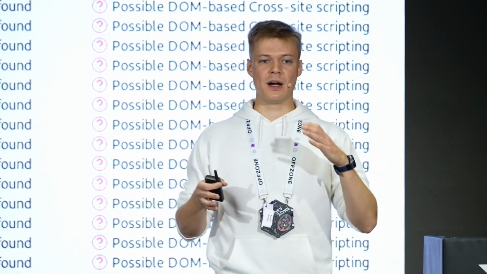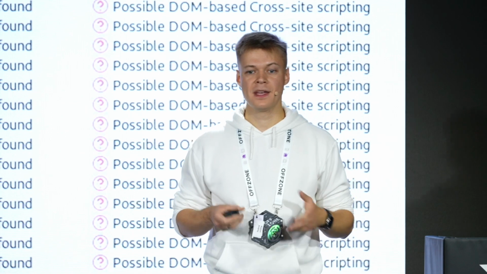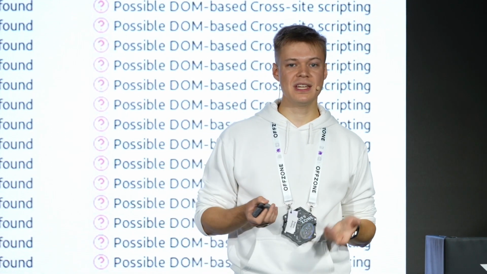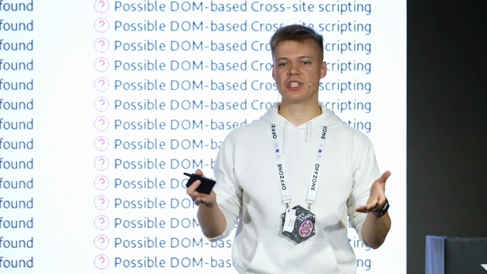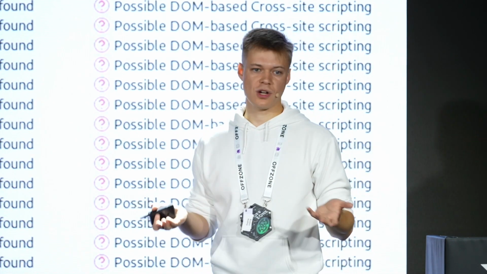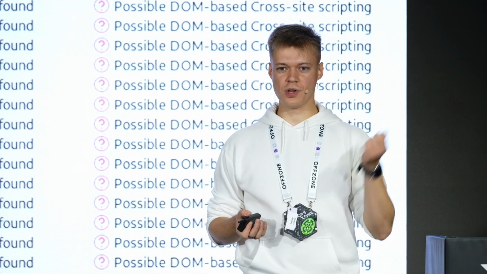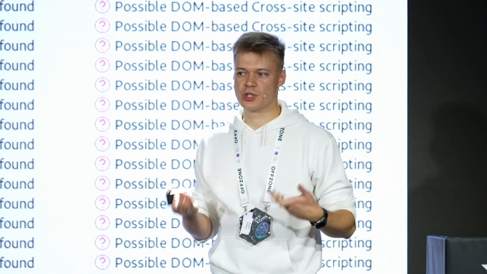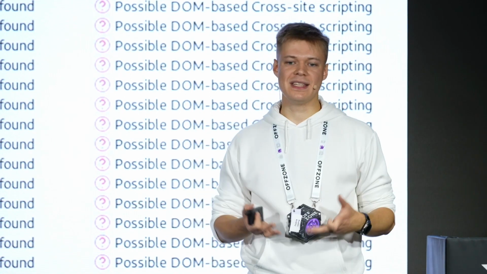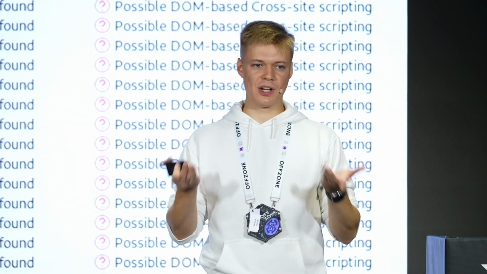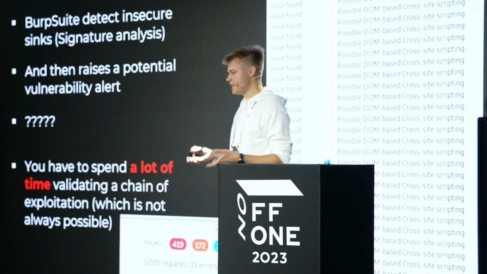It carries out the signature analysis of the website. The crawler goes through all pages, goes through all the signatures, and if it finds something that looks potentially like an exploit, it will raise a flag, raise an alert. Is it possible to exploit this vulnerability or not?